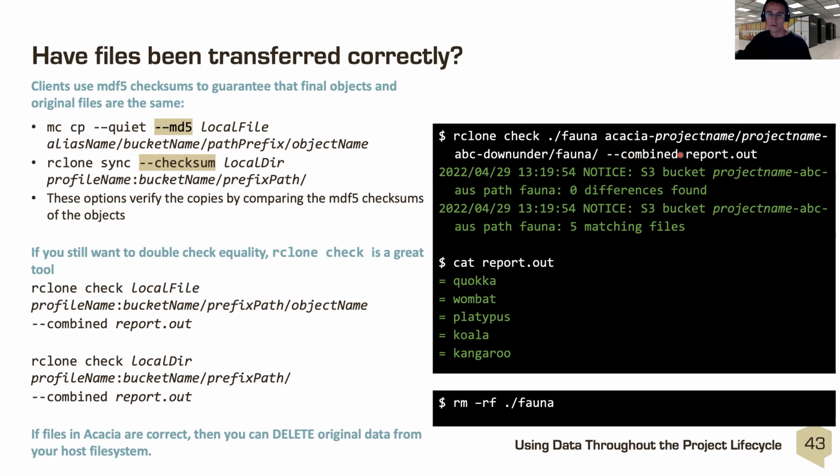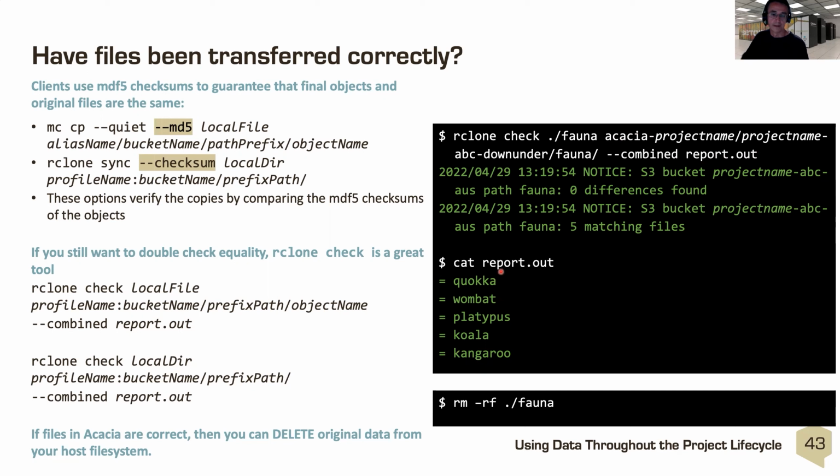This option is very useful, which is going to put into an output file, with whatever name you want, a report of similarities or differences. In this case, everything is the same.